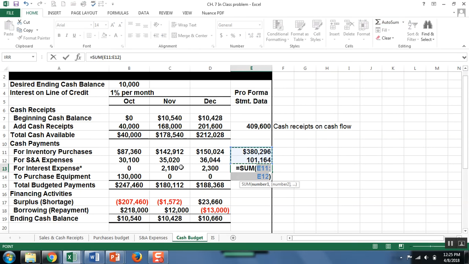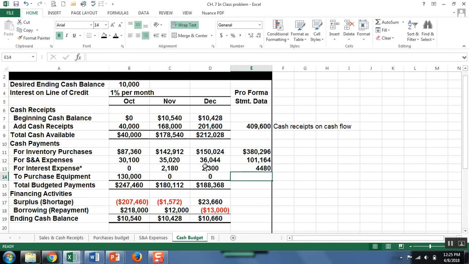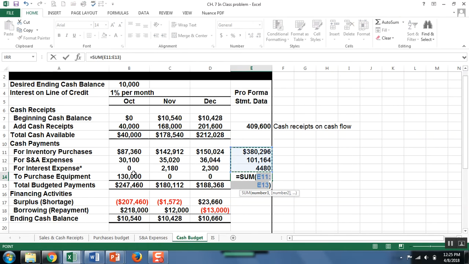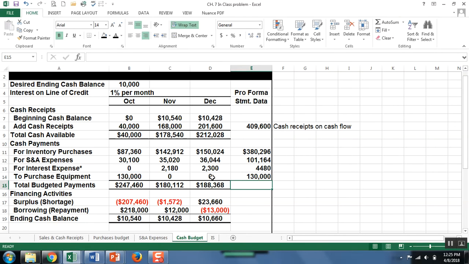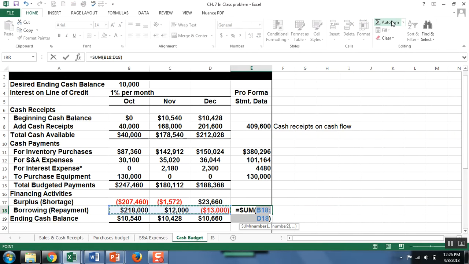This is our total cash payments for interest. And then we have our total cash payments for equipment purchases on our cash flow. This is our total borrowings on our cash flow. So this goes in the financing section.